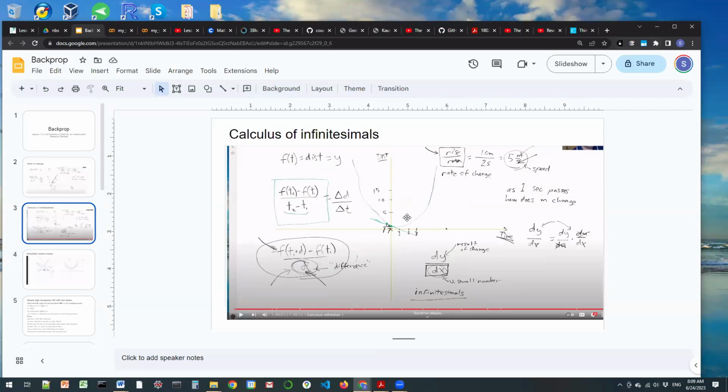What happens if we have a curve where the plot of distance is no longer a simple straight line, but something of a curve like shown here?